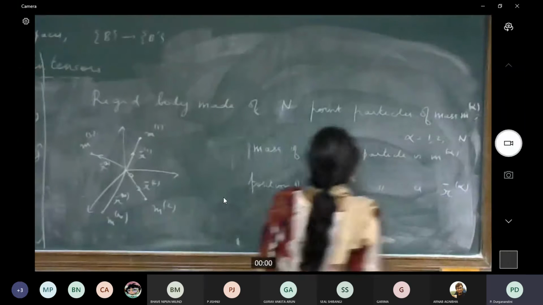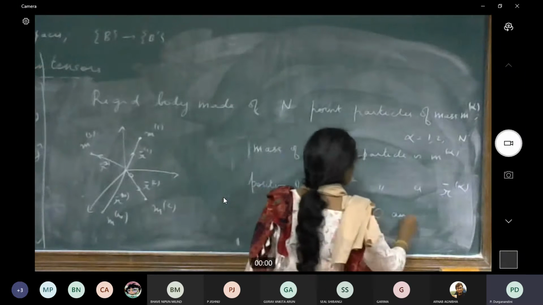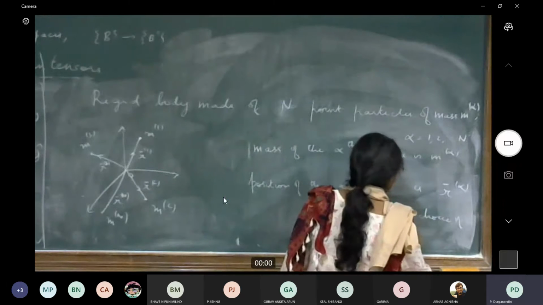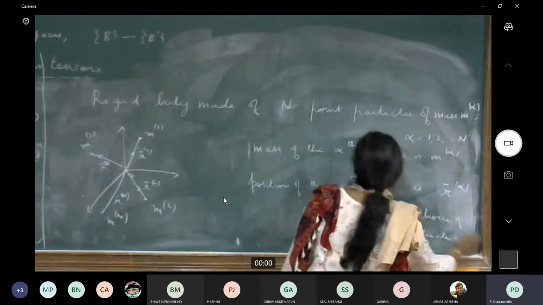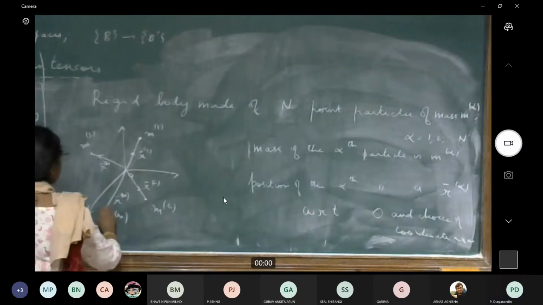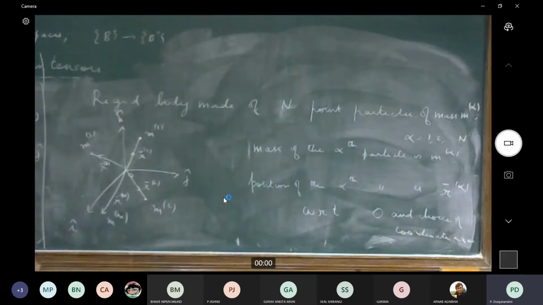This is with respect to the origin O and some particular choice of coordinate axes, my i, j, k axes.